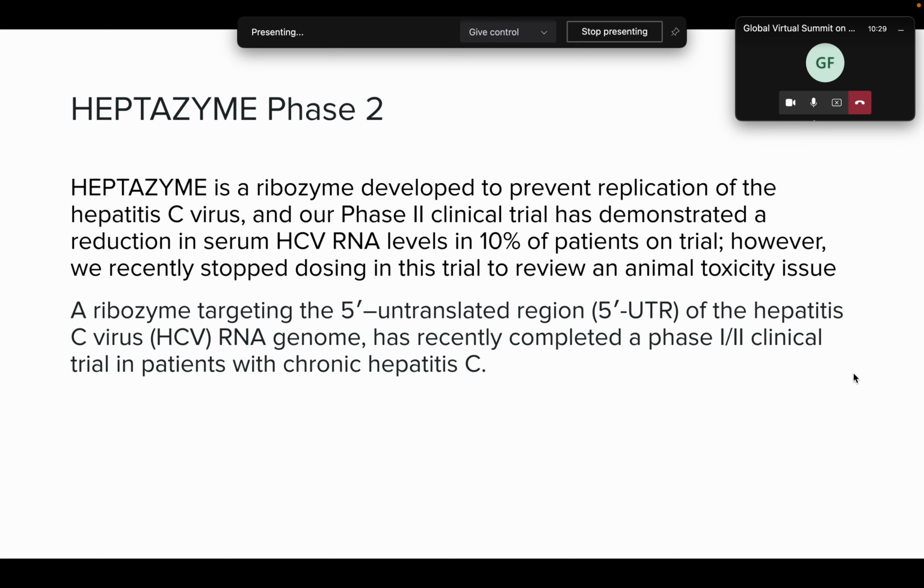So the ribozyme was targeting the 5' untranslated region of the HCV RNA genome, which completed the phase 1 and phase 2 clinical trial in patients with chronic hepatitis C. This was done by Merck. The target was HCV IRES in the 5' UTR, and the disease was hepatitis C virus.